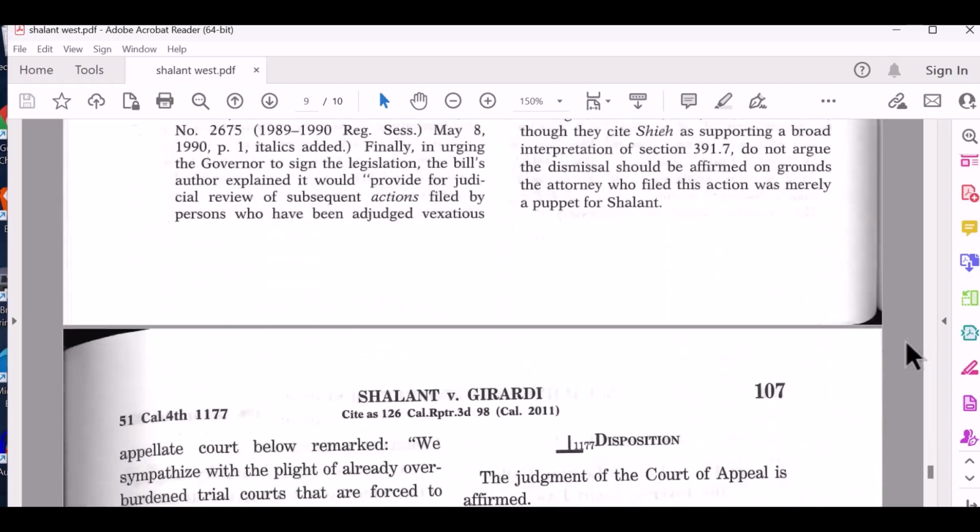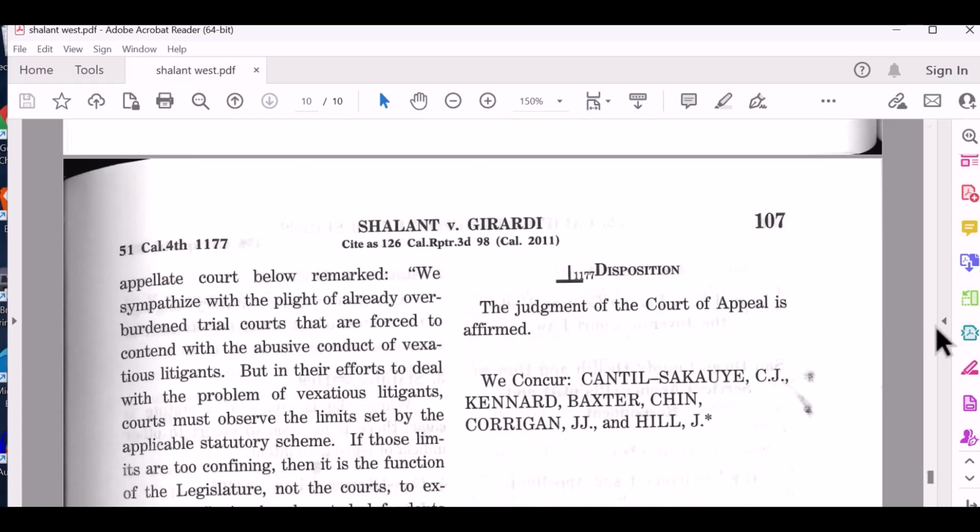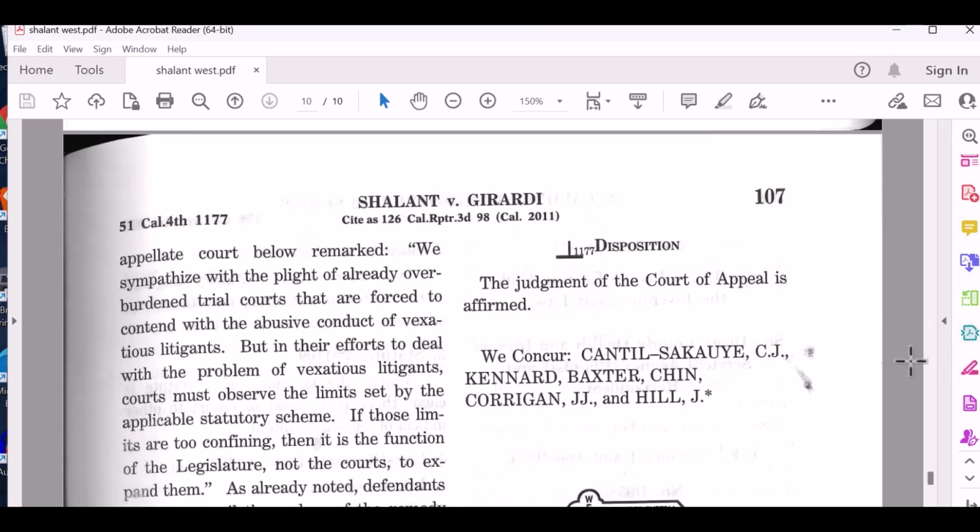And then finally we get to the end of the case, and it tells you that the judgment is affirmed, and then it tells you the name of all the other justices who participated and who concurred in both the holding and the reasoning of this justice. If there were any concurring opinions or dissenting opinions, they would be next. They would be right here at the end.